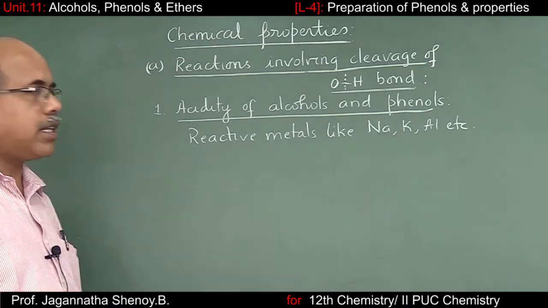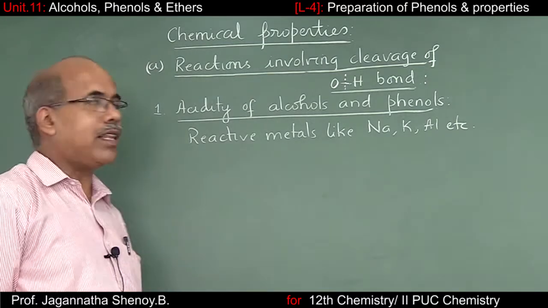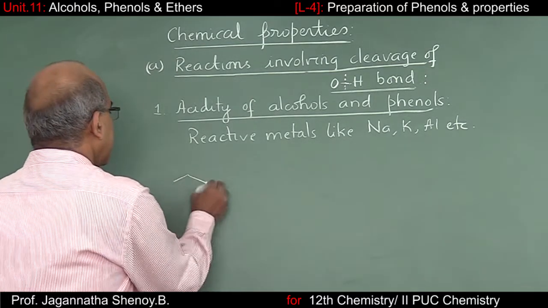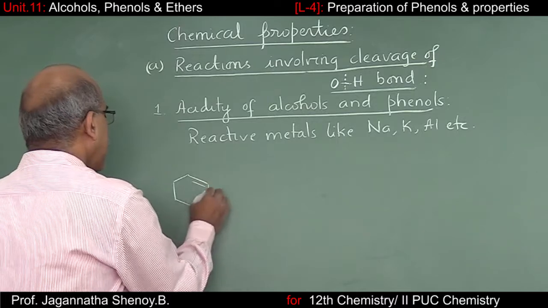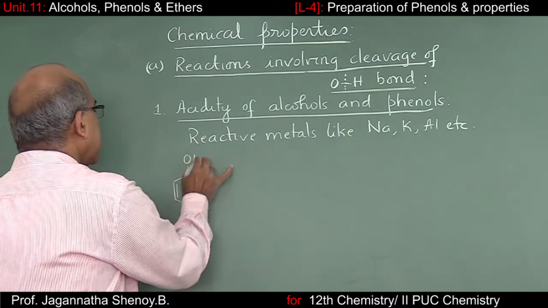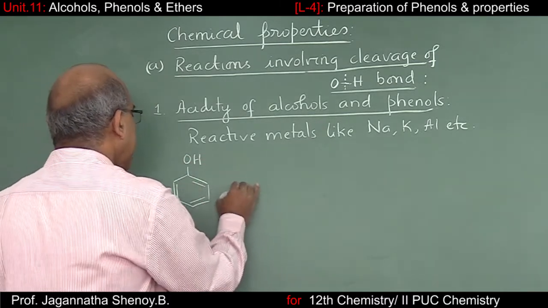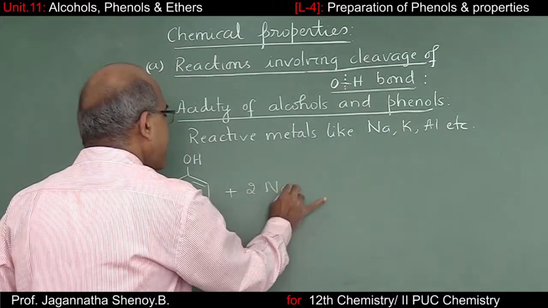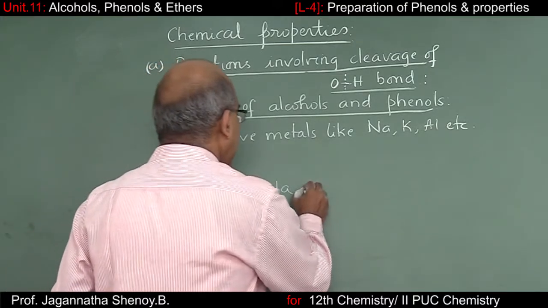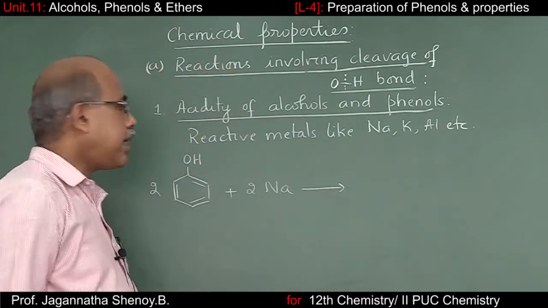Now we shall consider the reaction between an active metal and phenol. So phenol reacts with sodium metal. The reaction is very similar to the reaction between alcohol and sodium metal.